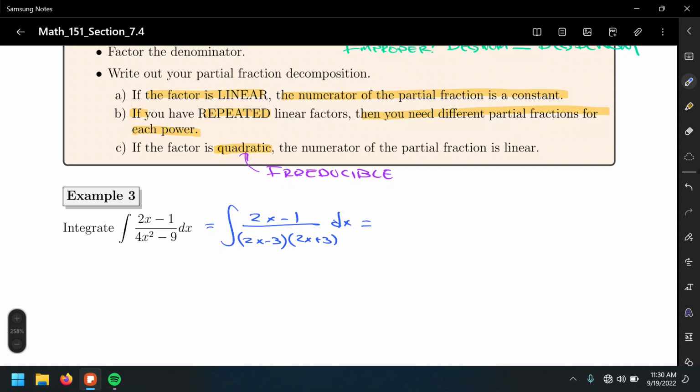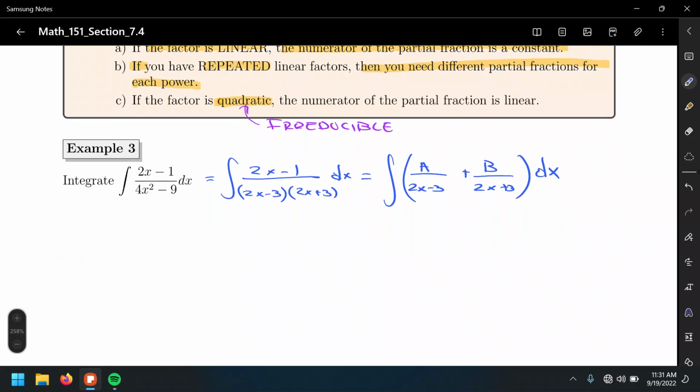Well, now that we have the two factors, let's split each factor into a partial fraction. That is the integral of A over 2x minus 3 plus B over 2x plus 3, with respect to x. Alright. And how do we move on through this problem?